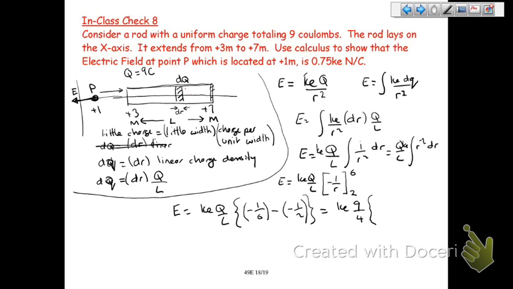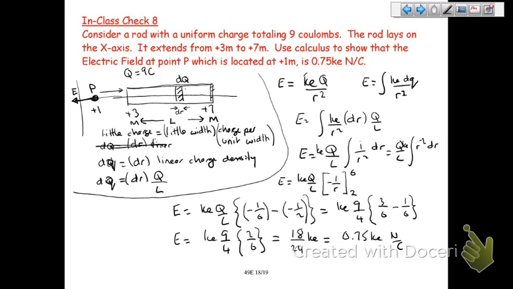And then minus and minus make plus, so that would be 3 over 6 minus 1 over 6. So E is equal to KE 9 over 4, and that would be 2 over 6. So 2 9s are 18 over 24 KE, which equals 0.75 KE newtons per coulomb. Is that right?